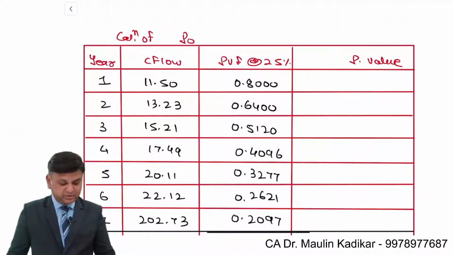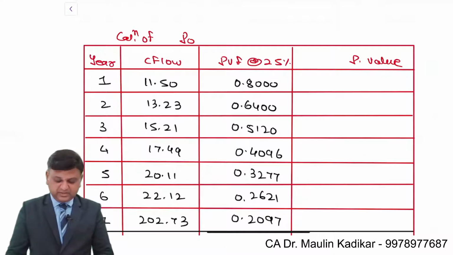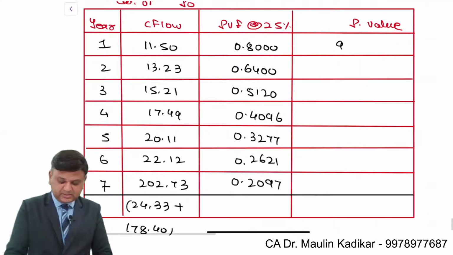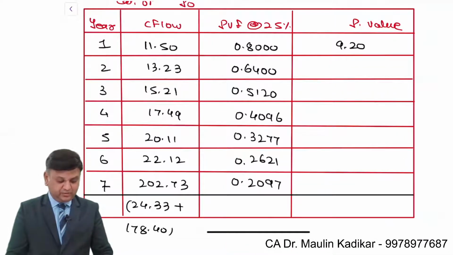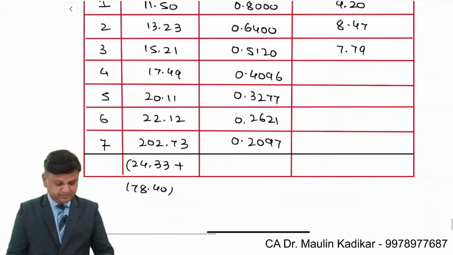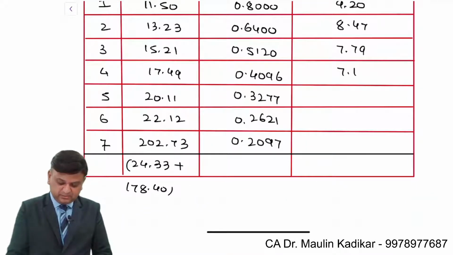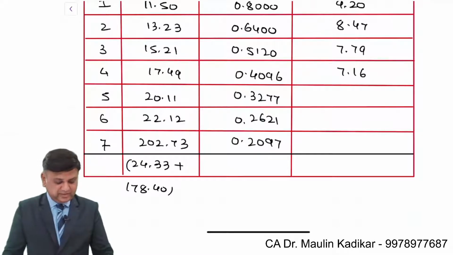Then we'll make the computation of the present value. First year present value is 9 rupee 20 paise, which we already have found. Second year it is 8 rupee 47 paise. Third year it is 7.79. Fourth year it is 7.16. Fifth year value will change now.